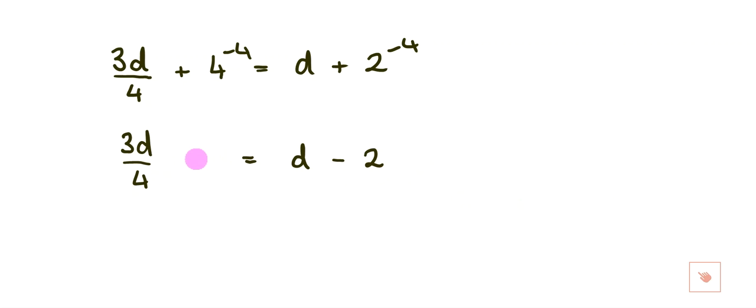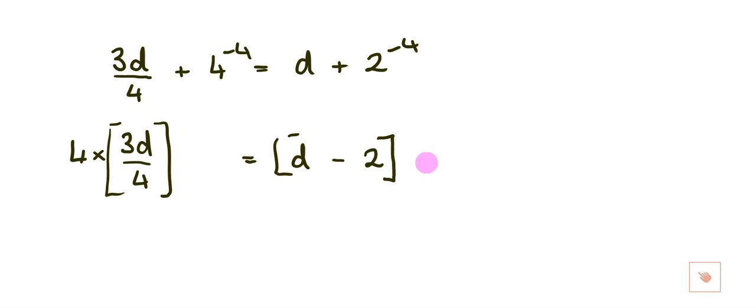Times by 4. So if we times it by 4, I'm going to put my brackets in because of this side. Because it's times by 4, right? What does this side become? Times by 4, divide by 4, so it becomes 3Ds.